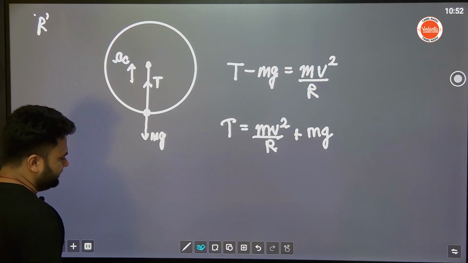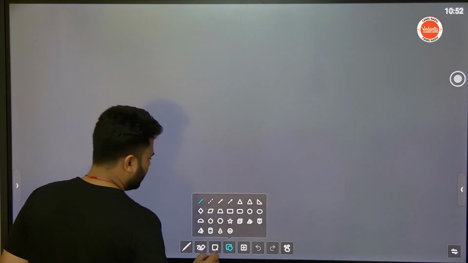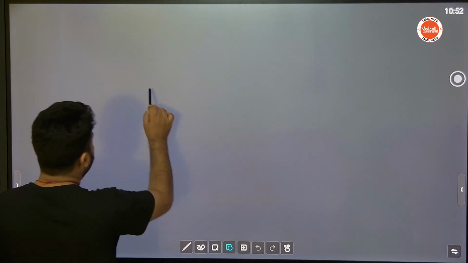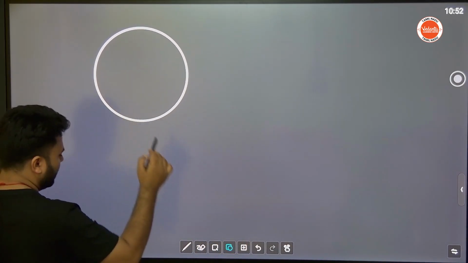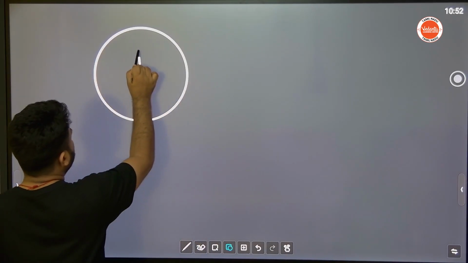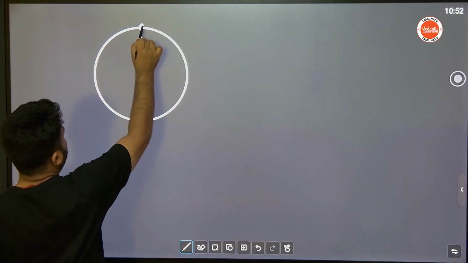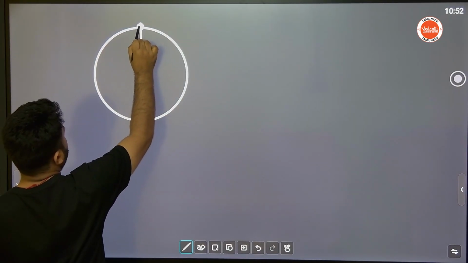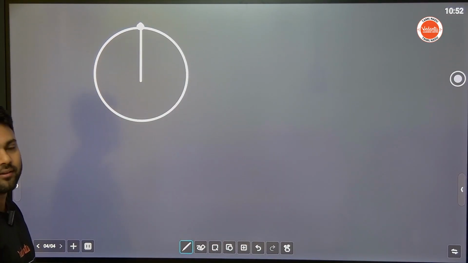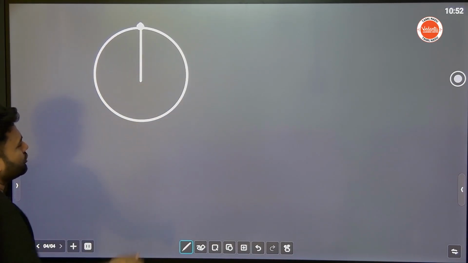Similarly, suppose I take a different location, for example here, now my ball is at this point, and I want to write down the forces.